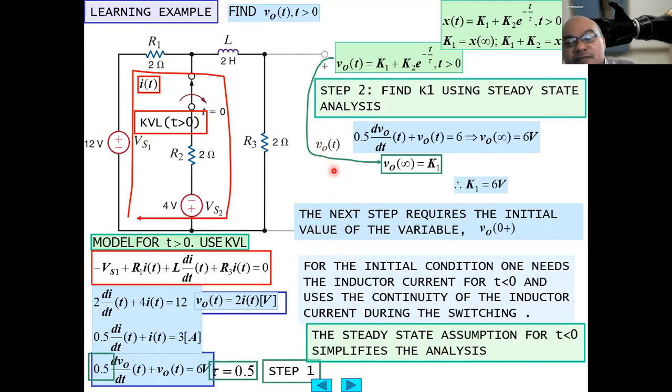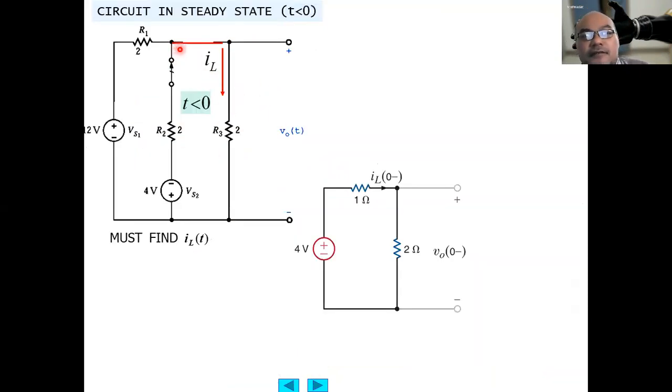The steady state assumption for t less than 0 simplifies the analysis. Since this is direct current and direct voltage, we can simplify the inductance model as a short circuit.